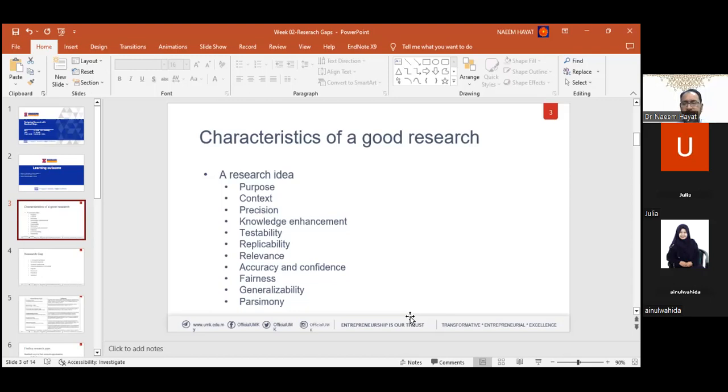Then testable, replicable, and relevant must be created. Our results and the effort by which we conduct the research must be accurate, and we confidently predict and report the result.